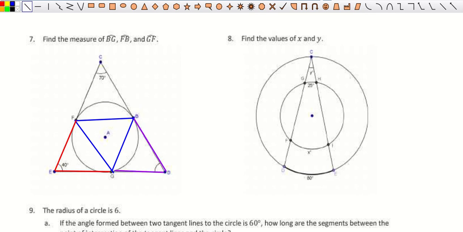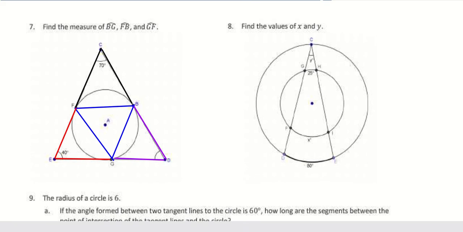So each of these lines we're drawing are forming these congruent tangents, congruent parts of the tangent line. All right, so I know that this side is equal to this side, and therefore this angle is equal to this angle.